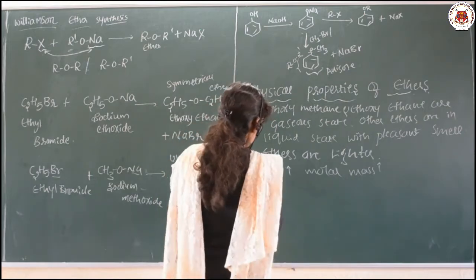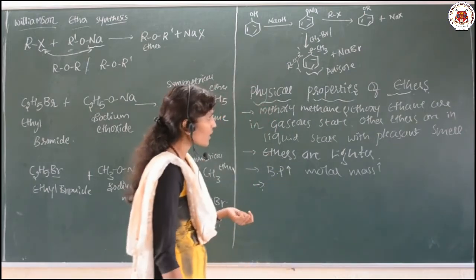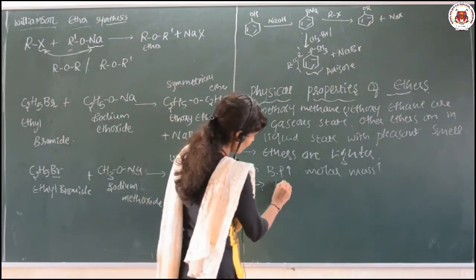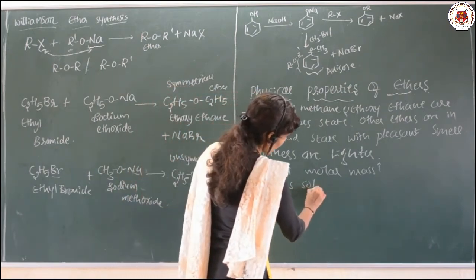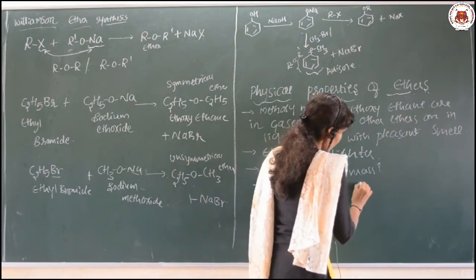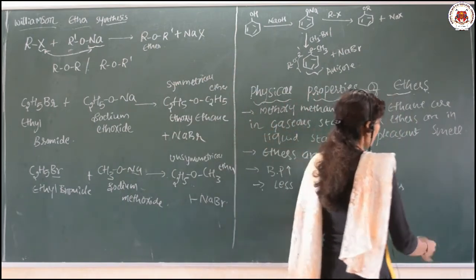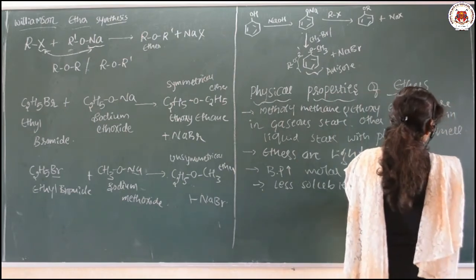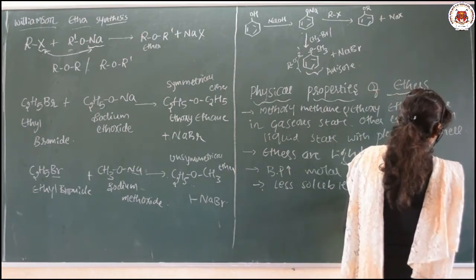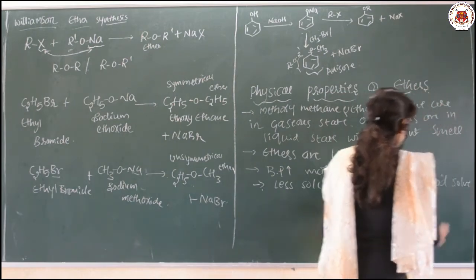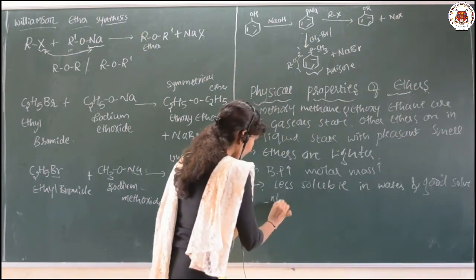As the molecular mass of the compound increases, the boiling point also increases. And then here, the ethers are less soluble in water, and the ether itself acts as a good solvent.